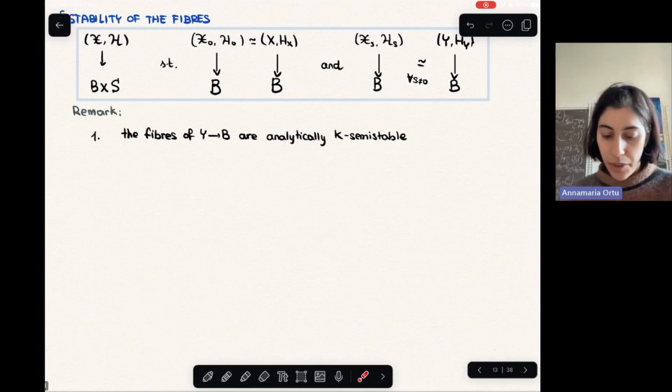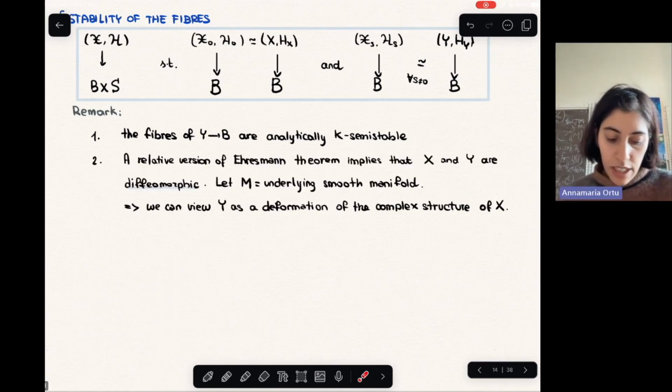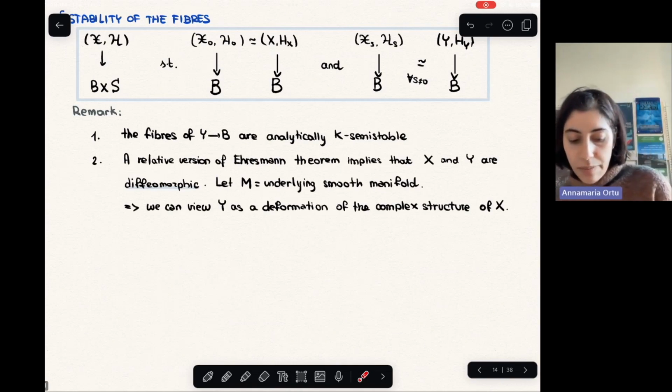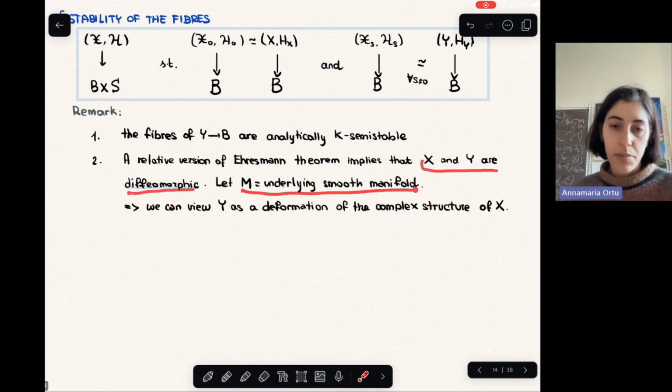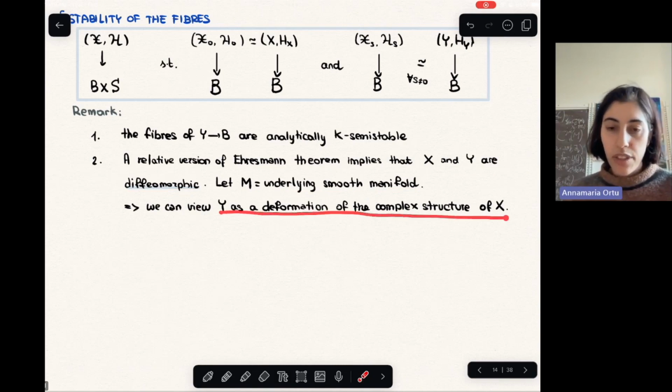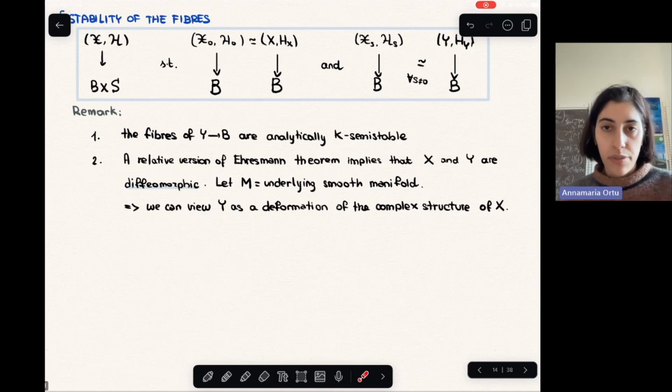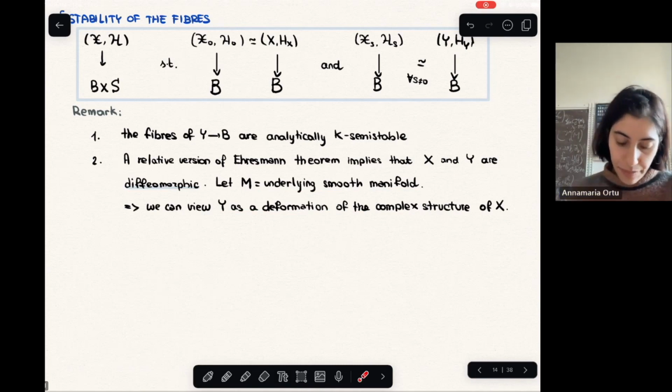And so the fibers are analytically K-semistable. And also a relative version of Ehresmann's fibration theorem implies that as smooth manifolds, X and Y are diffeomorphic. So we can fix an underlying smooth manifold, and essentially we can view Y as a deformation of the holomorphic structure, or the complex structure, of X.